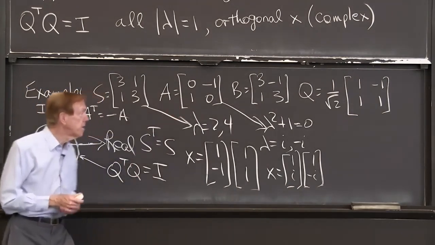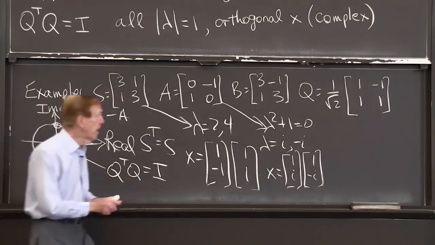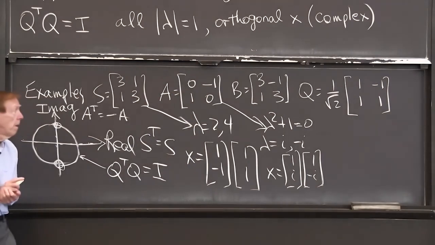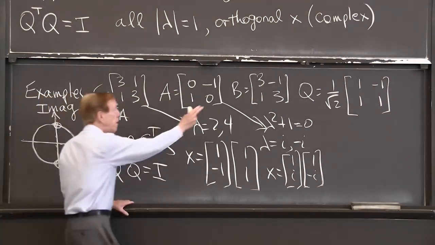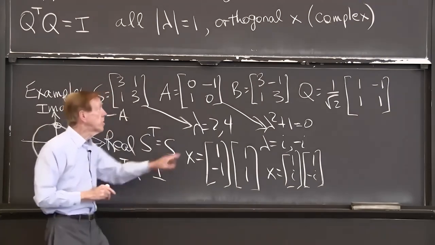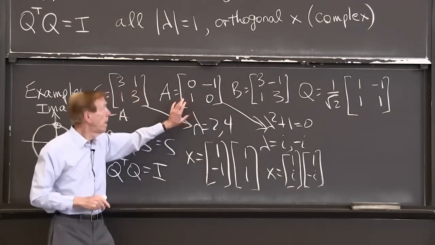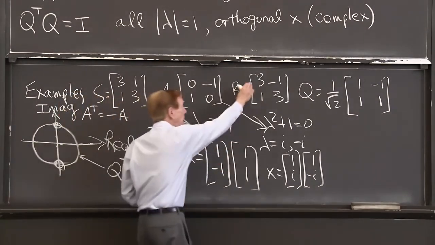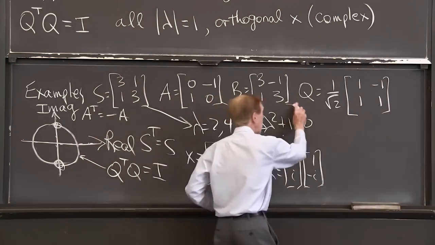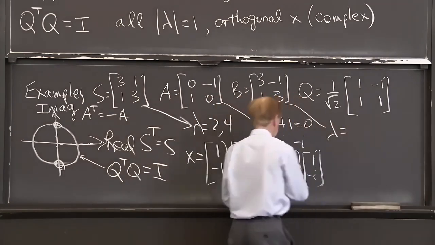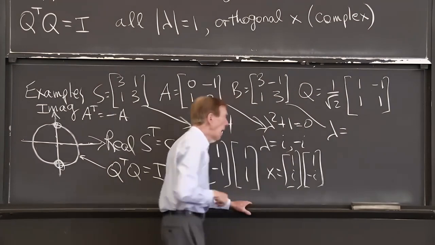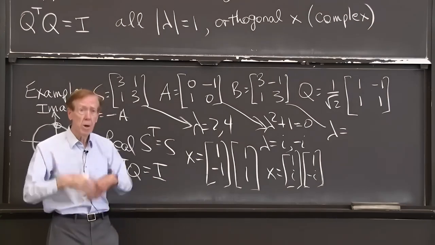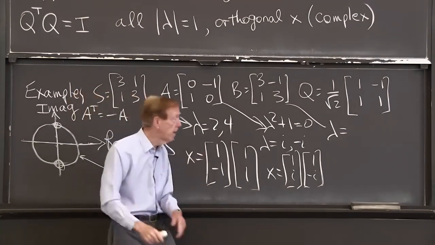Let me complete these examples. What about the eigenvalues of this one? Well, that's an easy one. Can you connect that to A? B is just A plus 3 times the identity, to put 3's on the diagonal. So I'm expecting here the lambdas are, if here they were i and minus i, all I've done is add 3 times the identity, so I'm just shifting by 3.